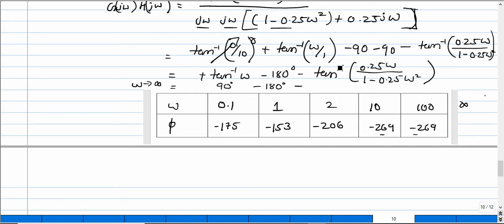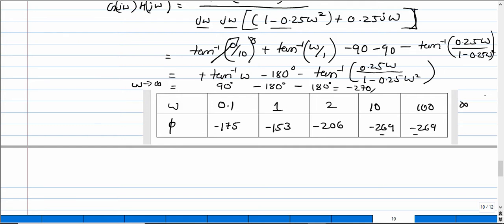We already understood that for the second order function, when we substitute infinity, the value will be minus 180 degrees. So this will yield you minus 270.